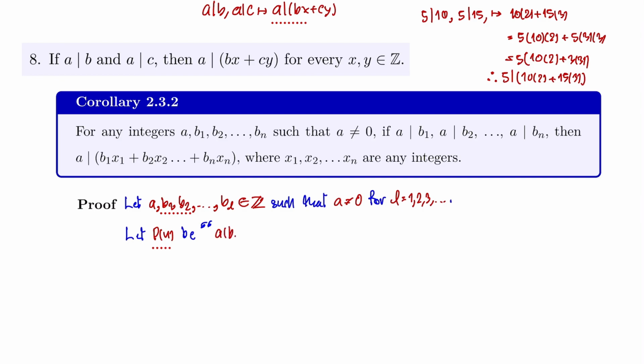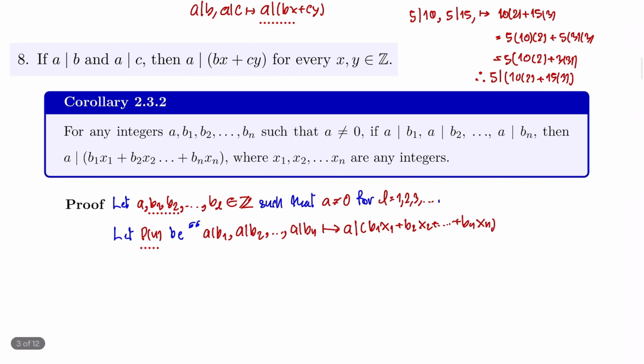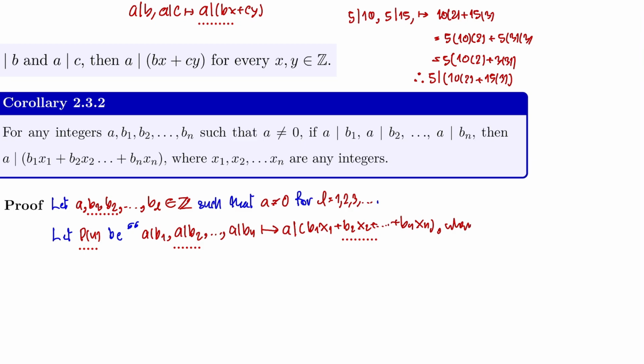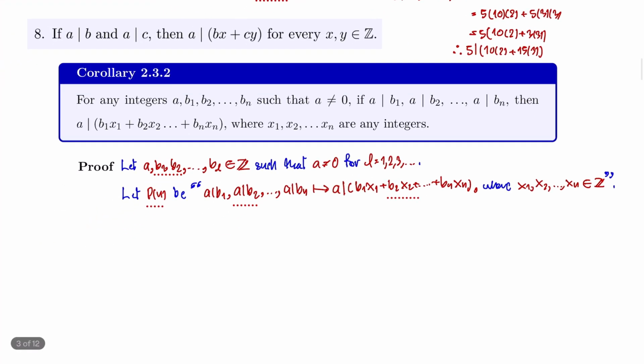So a divides b1, a divides b2, and all the way to a divides bn, and then a divides b1x1 plus b2x2 and plus all the way to bnxn, where x1, x2, all the way to xn are integers. This is our Pn.